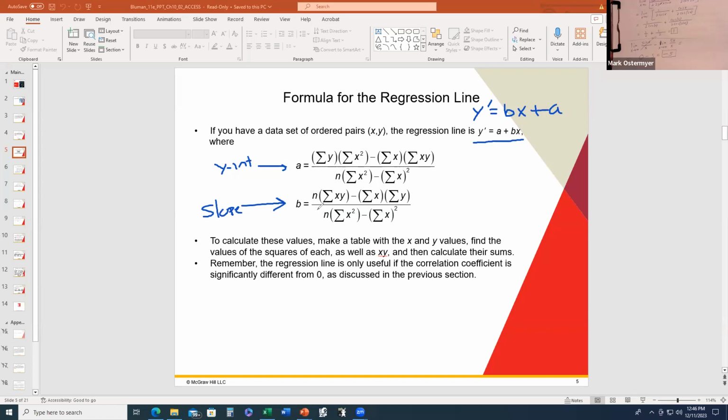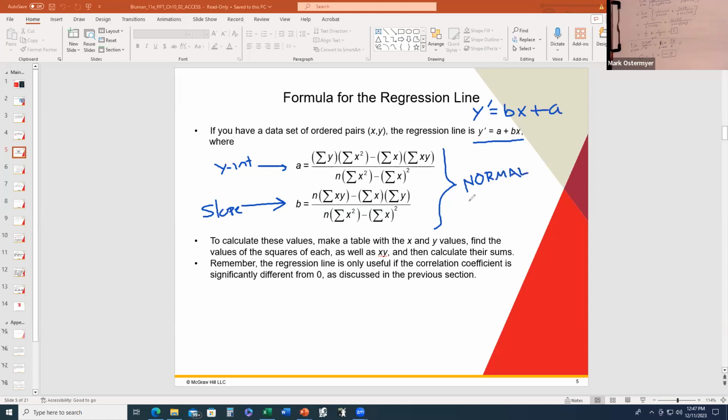To find b, we're also going to need to know all these summations here. So obviously, to do this problem manually, to find the slope and the y-intercept of the regression line, we're going to have to maybe use a table to help us compute these intermediate results that are needed. These equations are called normal equations, and they are derived using differential calculus.